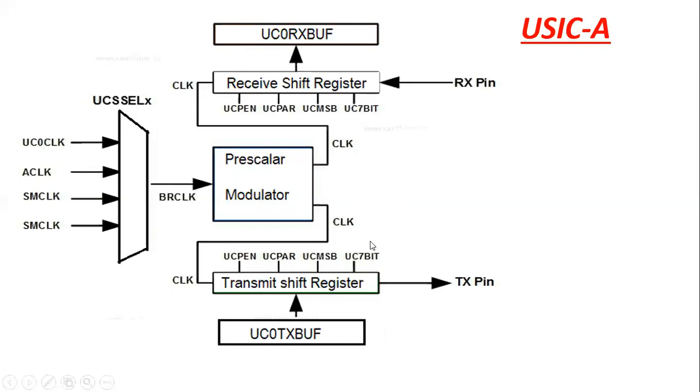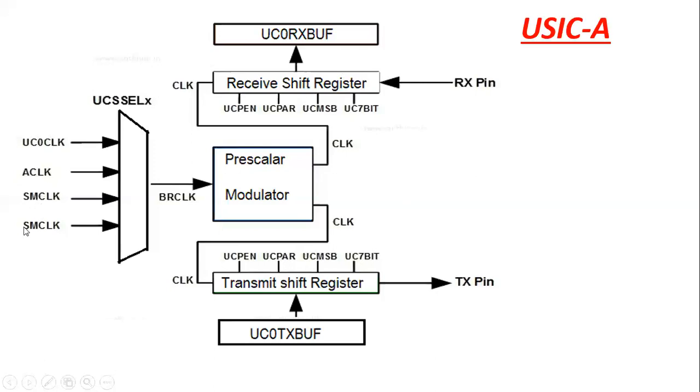Okay, so the remaining blocks are almost all the same as the blocks we studied previously, but here this module will be operating in asynchronous mode. Please observe. Now here different clocks are available. What are they? UCLK, that means universal serial interface module clock, and ACLK, SMCLK. Okay, 3 clocks.